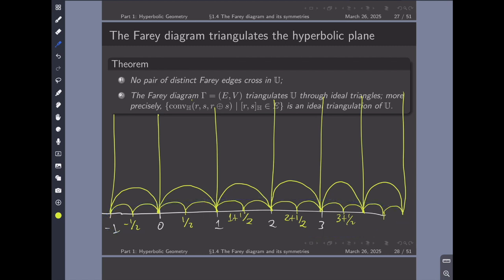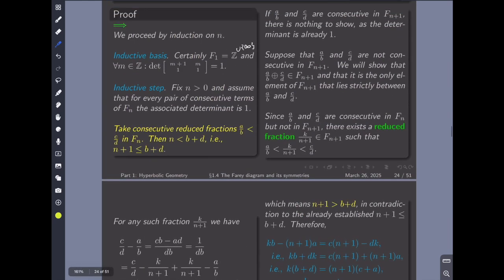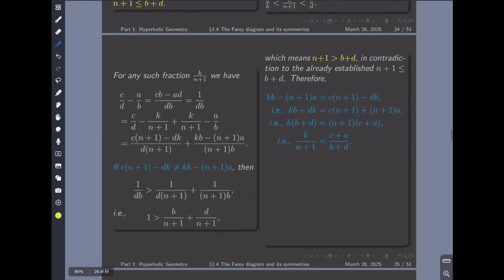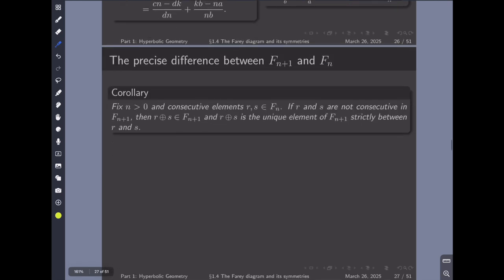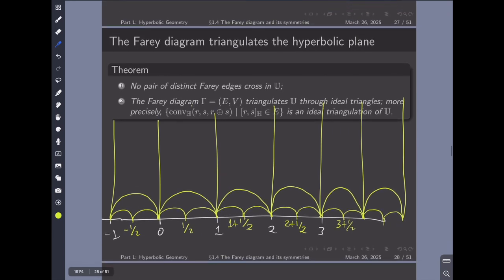So the recursive process for the Farey diagram and the recursive process for the Farey sequence, at least in the first step, are the same. They start differing after.